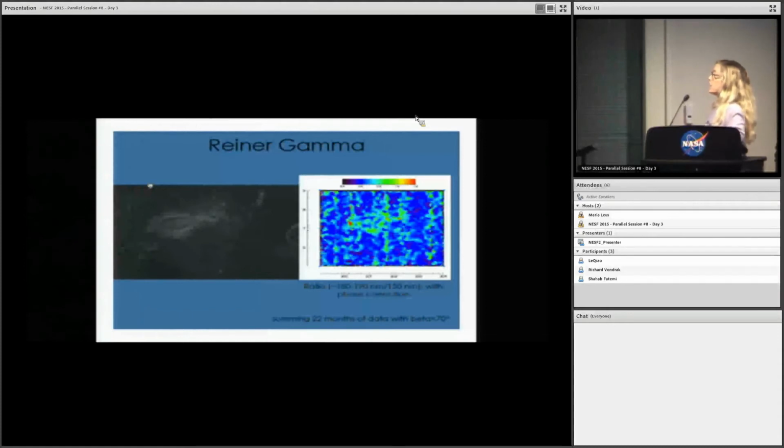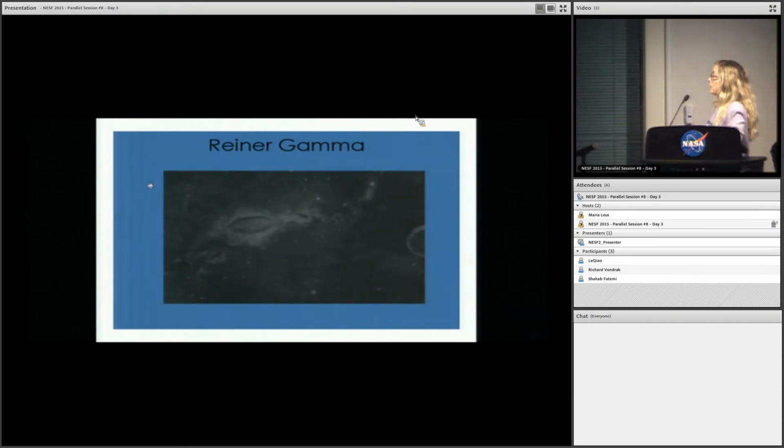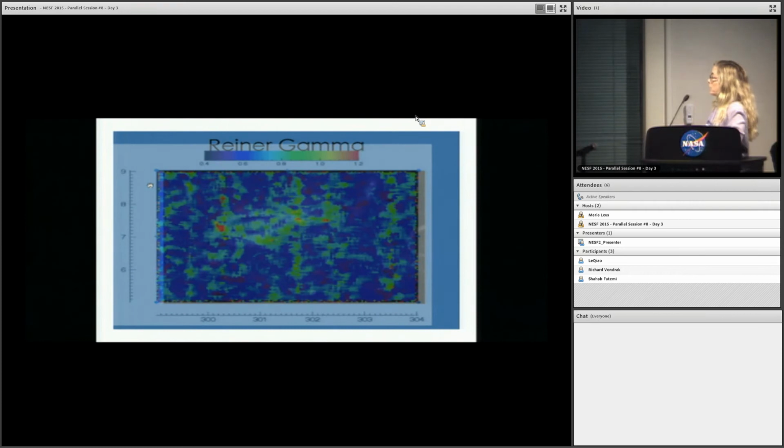This is summing up 22 months of data, doing a little phase correction, and you can see that we see this familiar shape as being relatively bright, which means that it has higher ratios, brighter at longer wavelengths than at shorter wavelengths in the FUV. So you can see here, if I overplot them, that, I mean, it's lower resolution, but you can certainly see a correlation there.